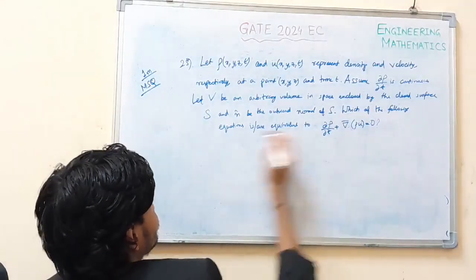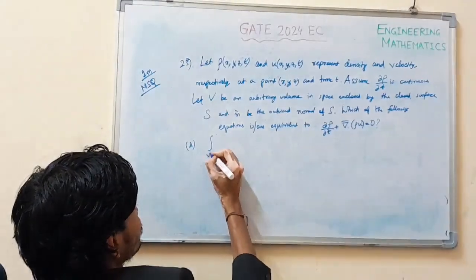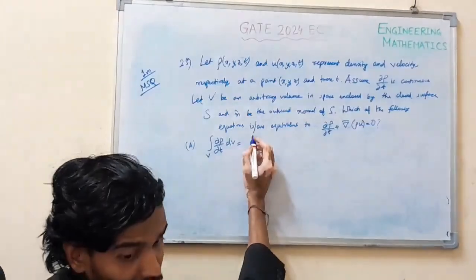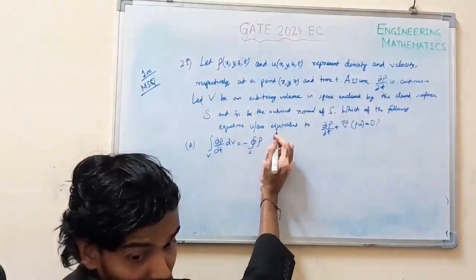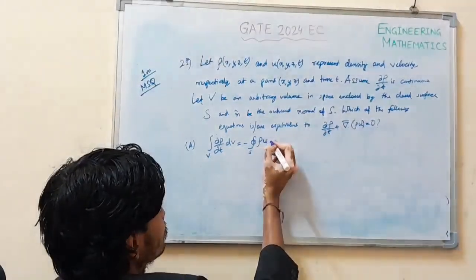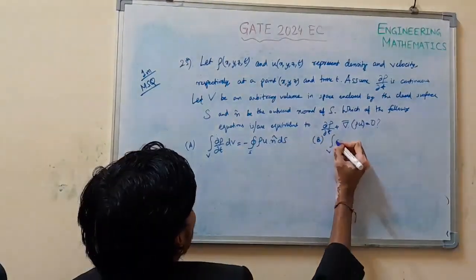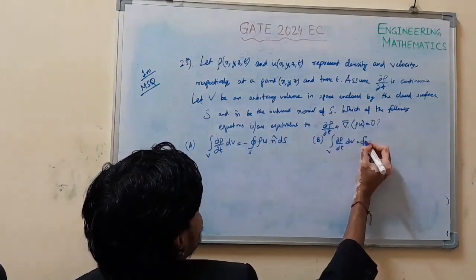Options given are option A: the volume integral of del rho by del t dV equals minus the surface integral of rho u dot ds. Option B is the same without the minus sign, sorry.